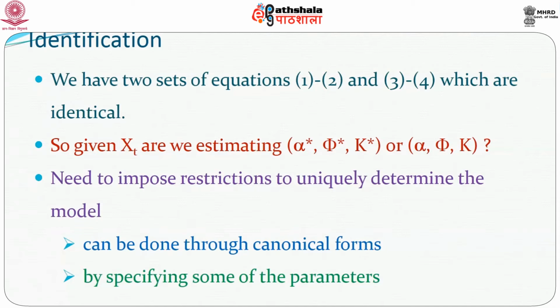So you look at a model where you have a large number of parameters equal to 0, and that reduces the number of unknown parameters, and that way you can basically identify a model. There are different techniques of doing this, which we will not go into in great detail in this study. But these are the two methods by which we can actually identify a given model. Identification is necessary before you actually estimate the parameters. Otherwise, as we just saw, we will not be sure as to what we exactly are estimating.